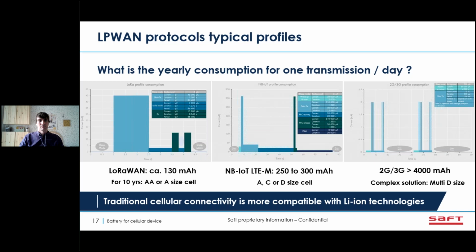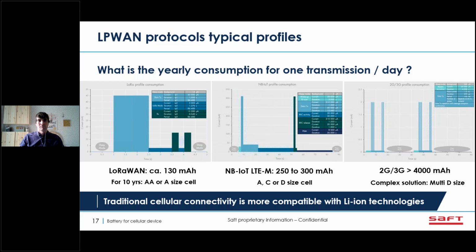If we have a look roughly at a LoRaWAN application, the device will consume roughly 130 milliampere hours per year if there is one communication per day. For NB-IoT or LTE-M, it will be roughly 250 to 300 milliampere hours per year.